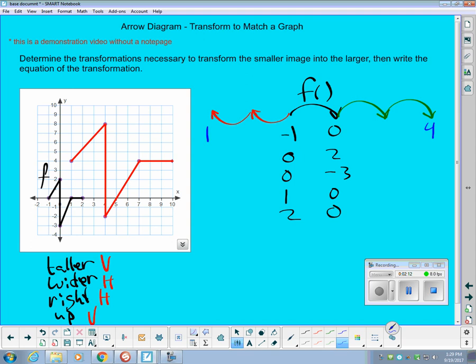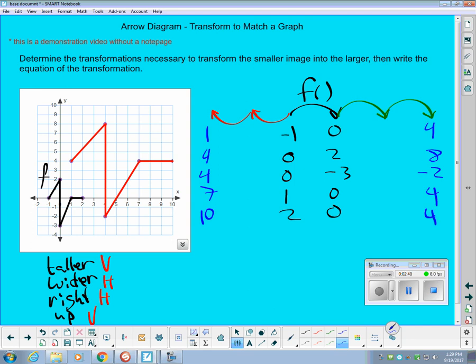From there, we go up to the highest point on the graph, which is at 4, 8. And then to the lowest point on the graph, which is at 4, -2. And we've got then the point before it goes horizontal is at 7, 4. And then finally we are at 10, 4.